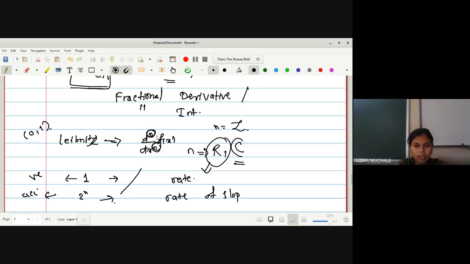And now here, what will happen if I take a half derivative? What is the geometric interpretation behind the half derivative? मुझे भी एक्चुअली इसका आंसर पता नहीं है कि हाफ डेरिवेटिव का ज्योमेट्रिक इंटरप्रिटेशन क्या है, करेक्ट? So actually, whatever term we are writing here, this n is true for any real number, and hence there is the introduction of the fractional derivative and fractional integration, or rather a fractional integro differential equation.